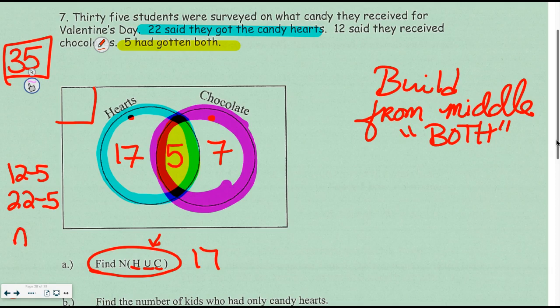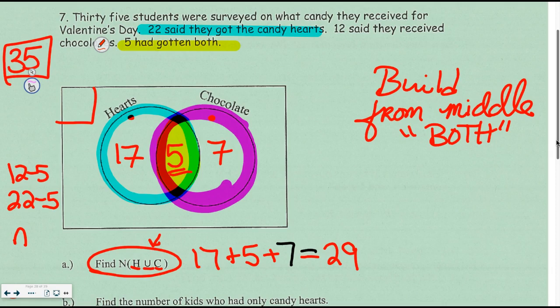So I have the 17 who liked only hearts. I have the 5 who liked both. If I said, for these 5 in here, by the way, if I said, hey, did you get hearts or chocolate? You'd say, yeah, I got both. So they get included as well. And we add that all up, then we get a 29. So 29 of those students in that class have been accounted for.